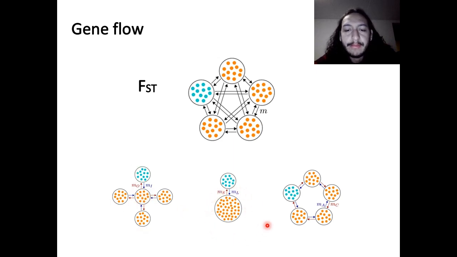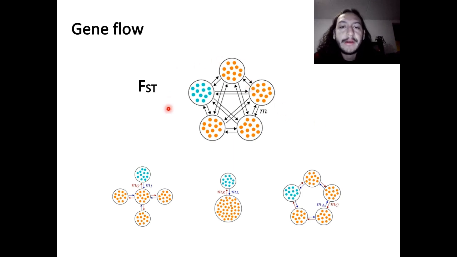You have a main population that has smaller satellite populations, and you can have a ring of populations that allow only gene flow between neighbors, but not really across all of them. And this is going to give you different patterns of gene flow. For example, these two populations are going to be much more related than this one to this one. And this is how FST becomes useful.